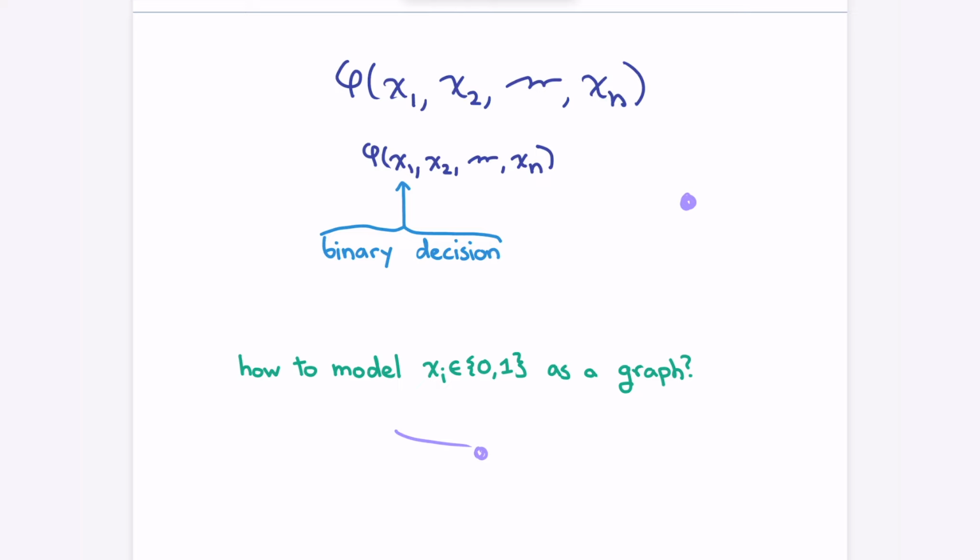Maybe I can imagine something like this means true and this means false for some variable x1. Sort of like an implication graph. Yeah, not clear sometimes.